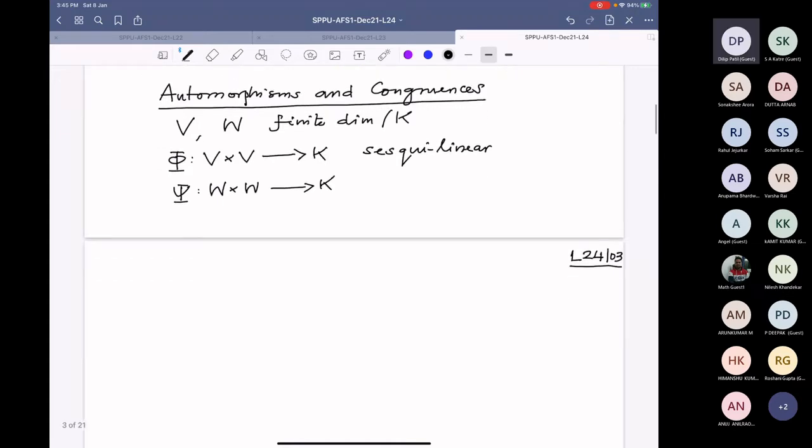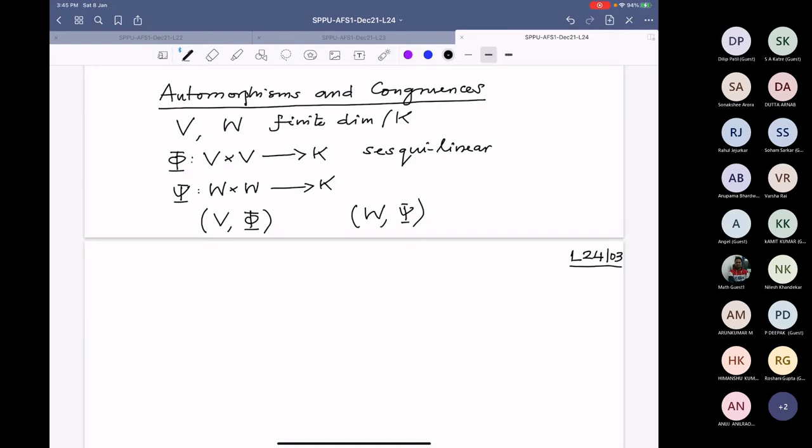In other words, I am thinking of this V along with phi, and W along with psi. So on this vector space, this is the structure along with phi. On the same V, there may be different phis. Fine. So these are the objects in a category, if you see.